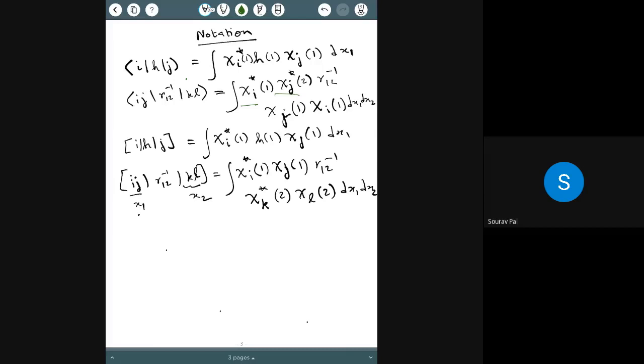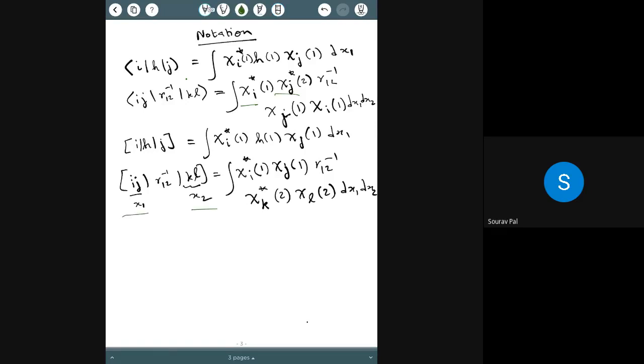Sangita, it may be useful if you write the same integral in two different notations. So IJKL in Dirac notation, and in Mulligan notation you write IKJL. Then it will become easier because now you have changed the J. So when you're given an arbitrary integral, you can just think of it as first electron's coordinates on the left and second electron's coordinates on the right for the chemist notation.